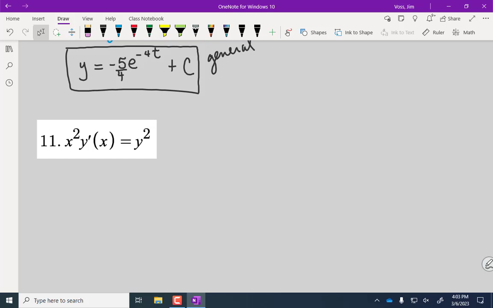So now the goal is to isolate y. Right now we have y to the negative 1, which is not what we want. We want to do like we did over here, and we ended up with y equals. So now we want to do algebra to get to y equals. Yeah, that's good.